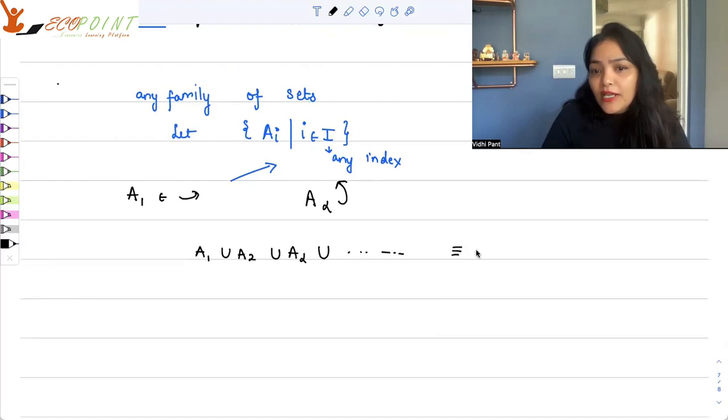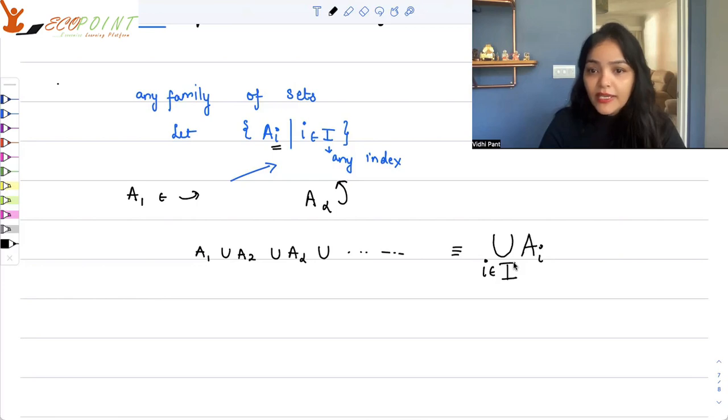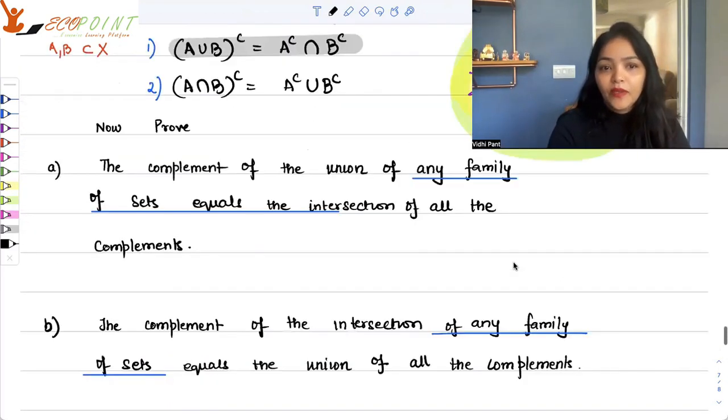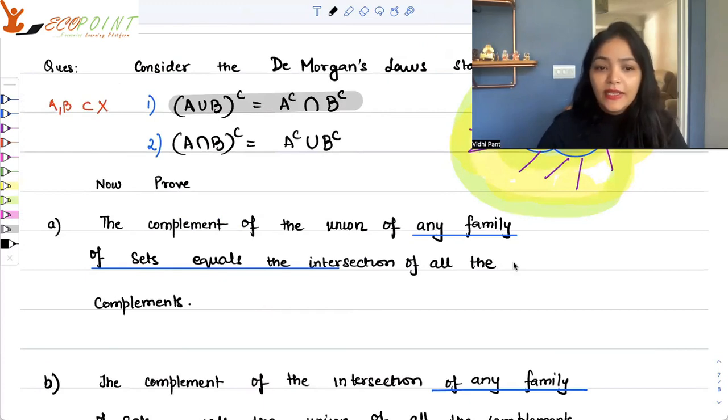This is denoted as a big union, with A_i, because we are giving it i as the subscript, where i belongs to this index I, whatever this index is, finite or infinite. Union A_i, where i belongs to capital I. This means you are taking the union of all the sets that are part of this family. Now, that's number 1. Now, what are we saying in part B?